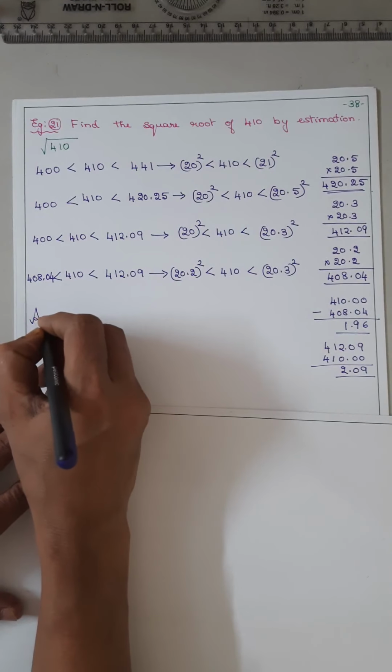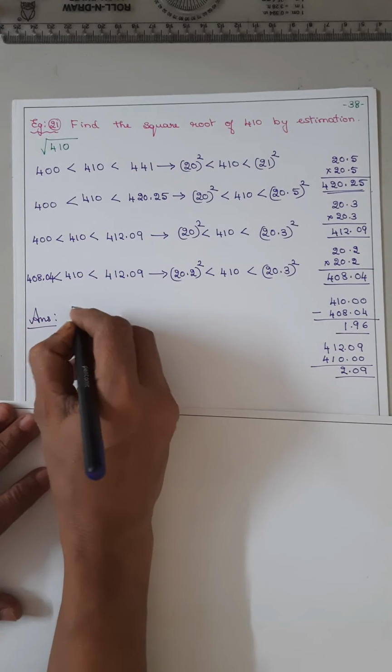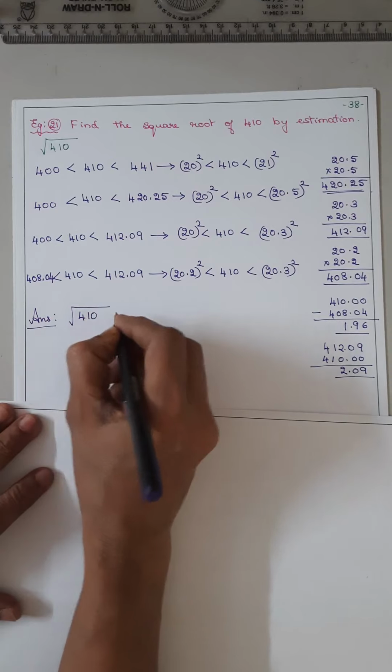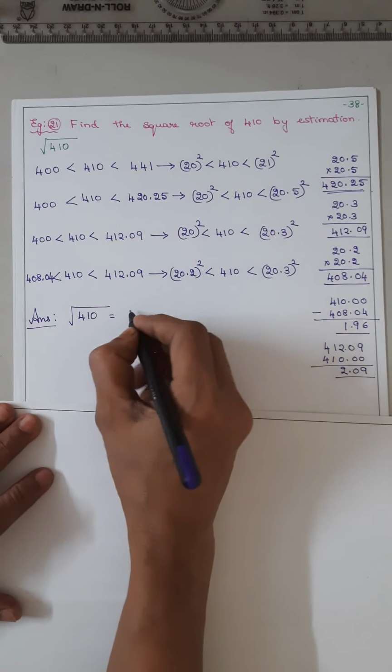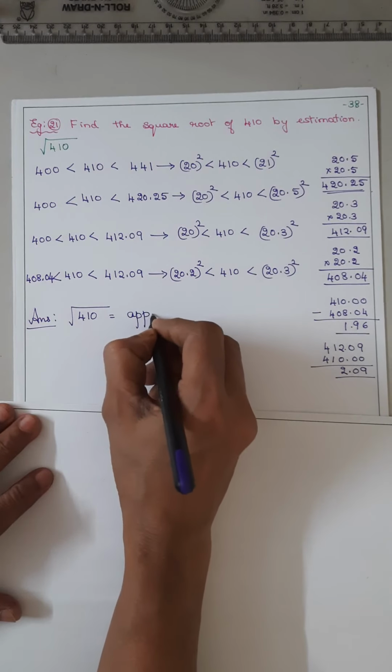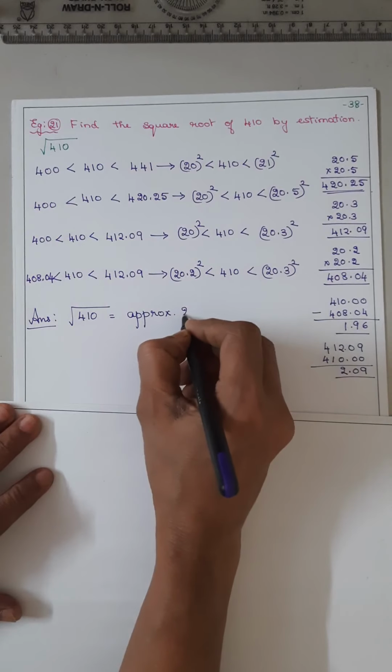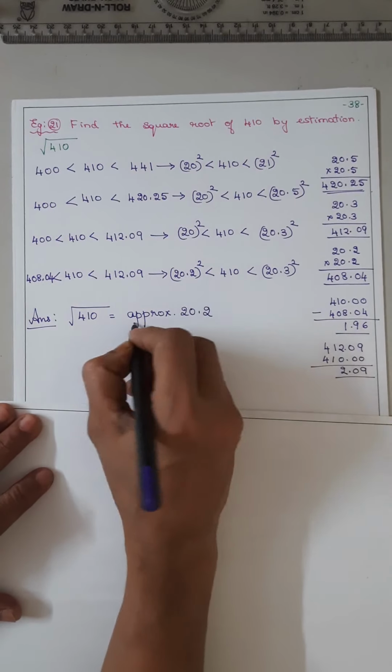So answer, square root of 410 is equal to approximately 20.2.